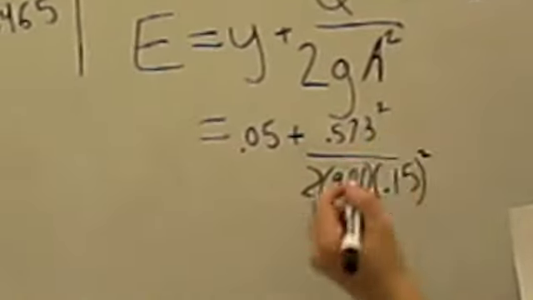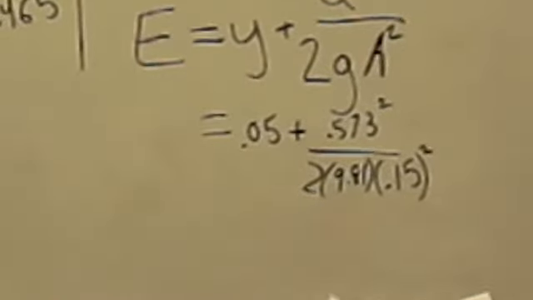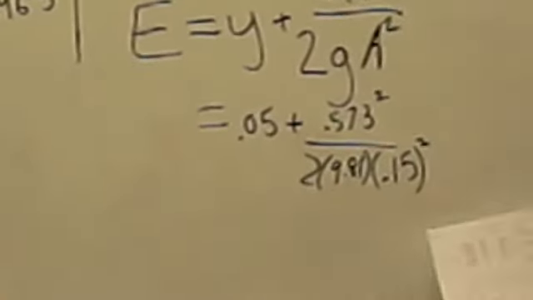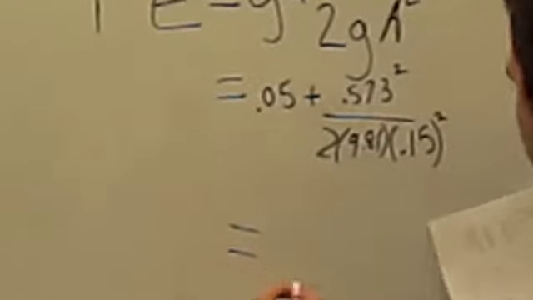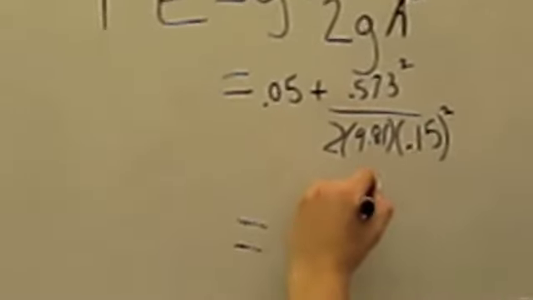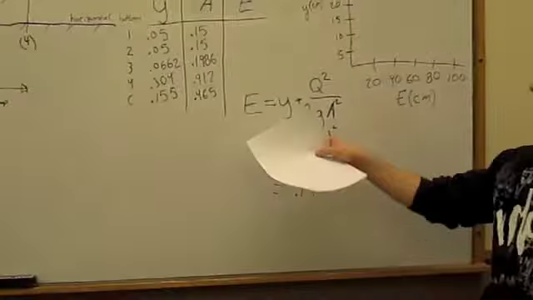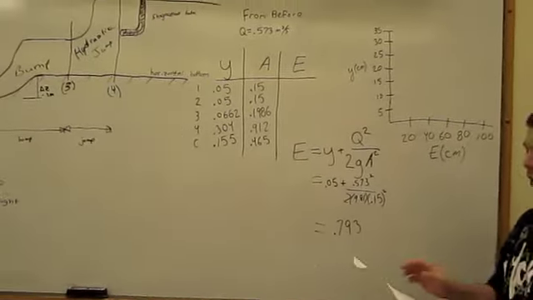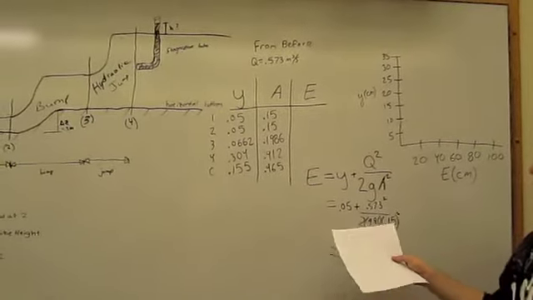Square that. When we solve for that, you will get an E of about 0.793. So you'll go ahead and plug that into your chart, and you'll do that 4 more times.